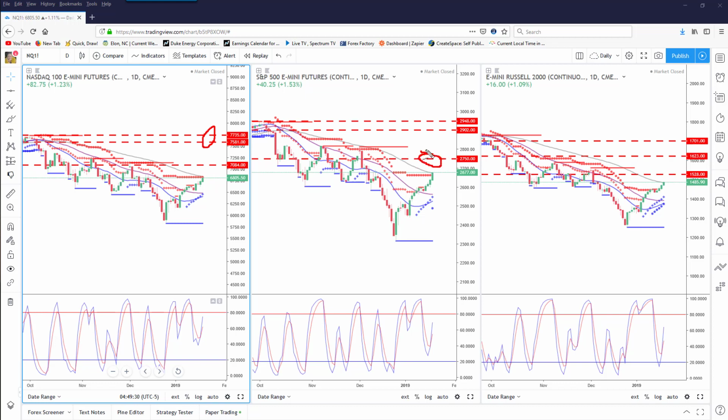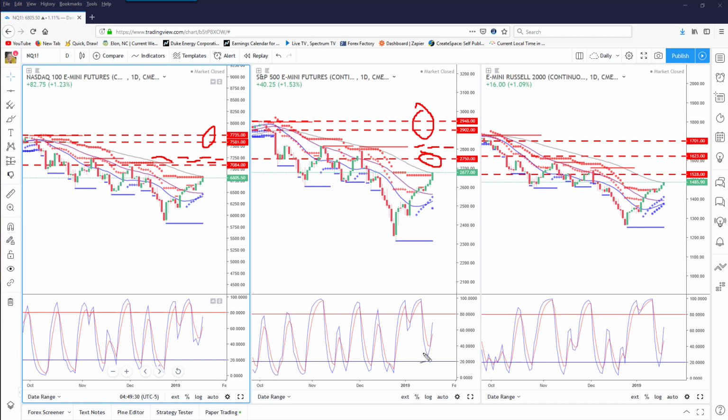You have an overhead resistance here, two overhead resistance areas here. Now, that is in addition to these highs right here, so you could also put in another line there. And here, you have one here, and then you have another one here. So you've got a lot of overhead resistance in this area.